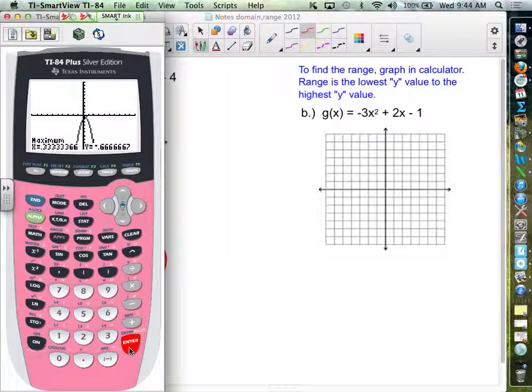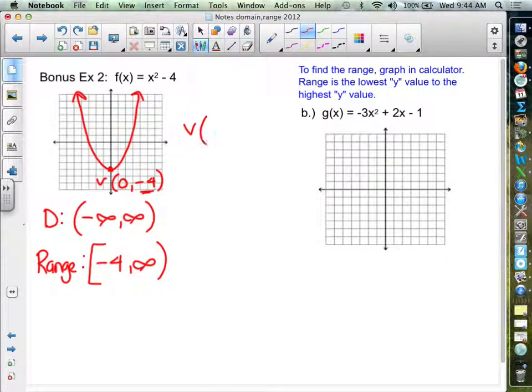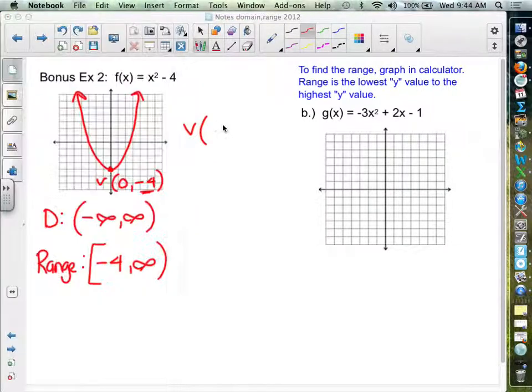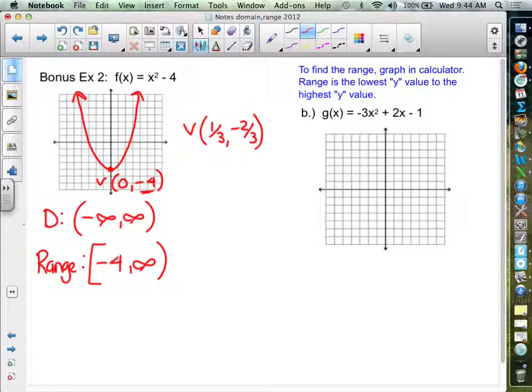It gives you the coordinates for that vertex there. So the vertex for this one is that, and I flipped it down here, I can't see what it is. One second, we'll back up. There it is. So it's at 0.333 repeating, and -0.666 repeating. So that's 1/3 and -2/3 if I change those repeating decimals into fractions.